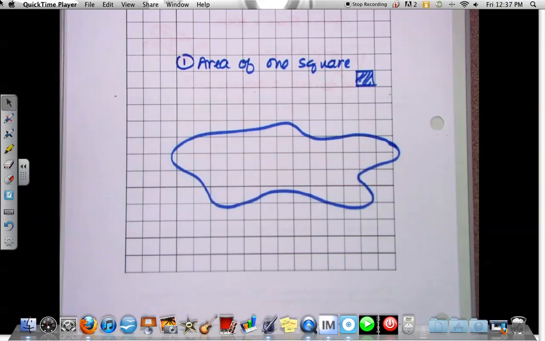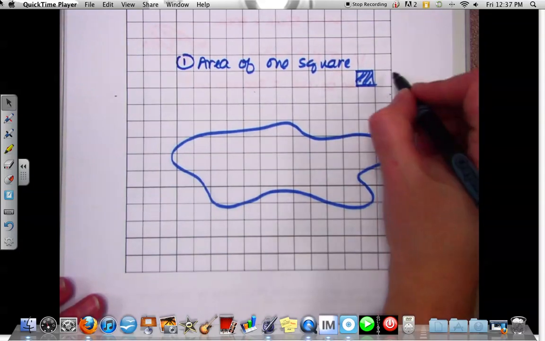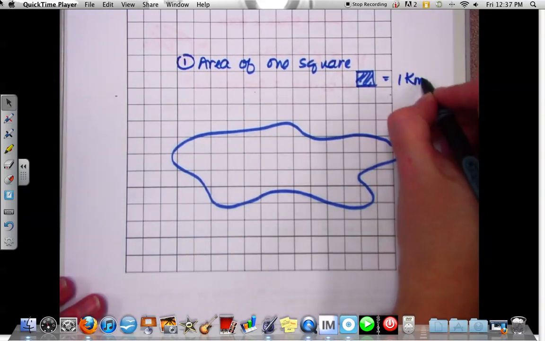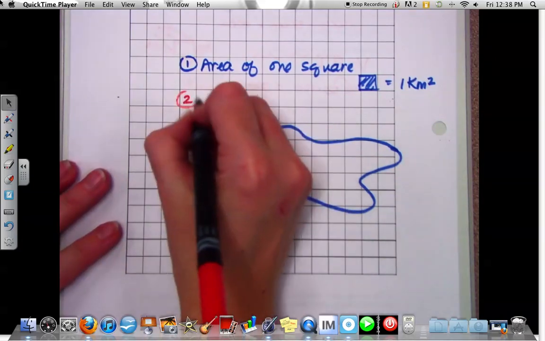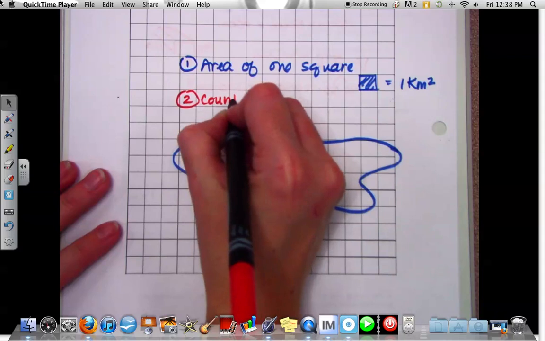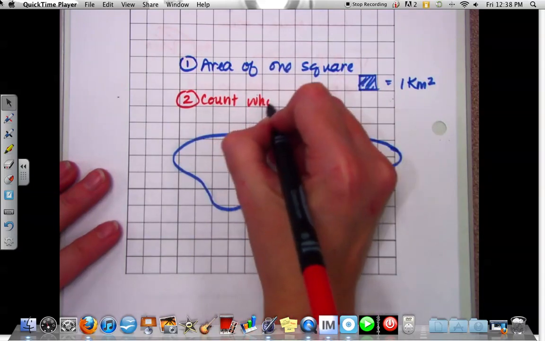So that means that the area of the square is 1 kilometer squared. All right, what was the second thing that we did? Count the whole squares. All right, so count your whole squares.